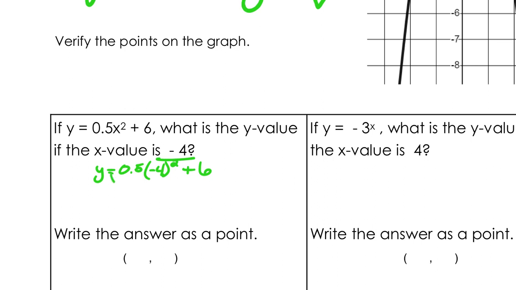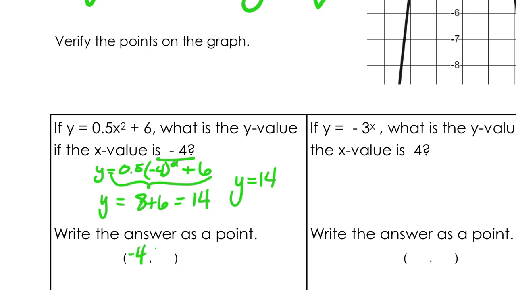And again, putting this into Desmos and letting Desmos do the work for us, -4 squared would be 16. 16 times 0.5 would be 8. 8 plus 6 equals 14. So y equals 14. When I write it as a point, I would have -4, 14.